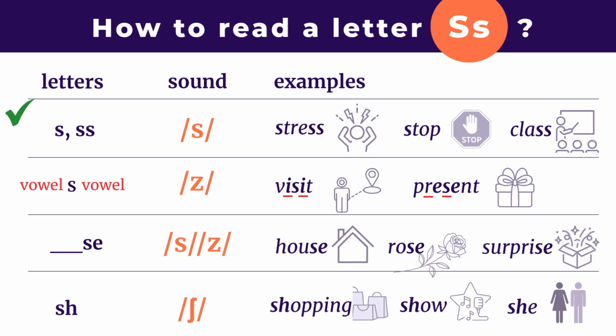At the end with SE, it can be S or Z. House, rose, surprise. S with H is sh, shopping, show, she. So S can be S, Z, or sh with H.